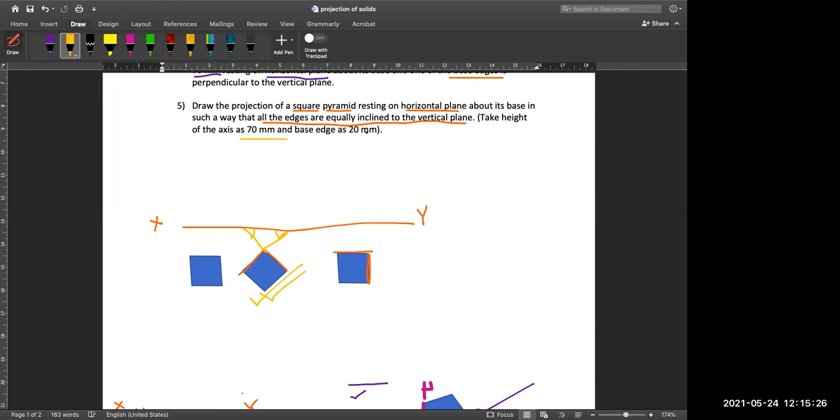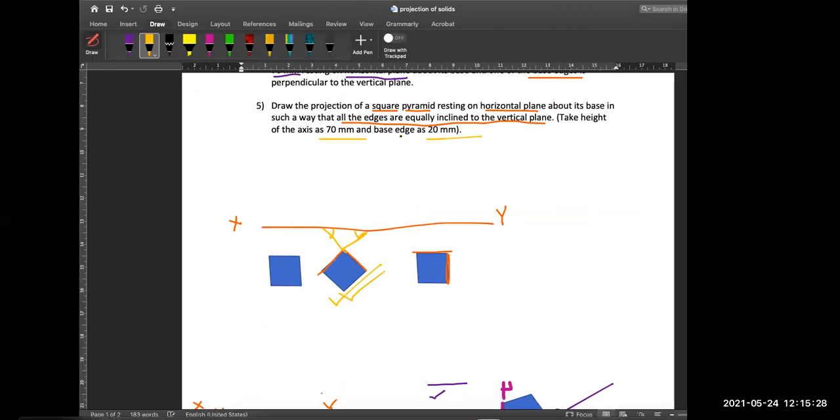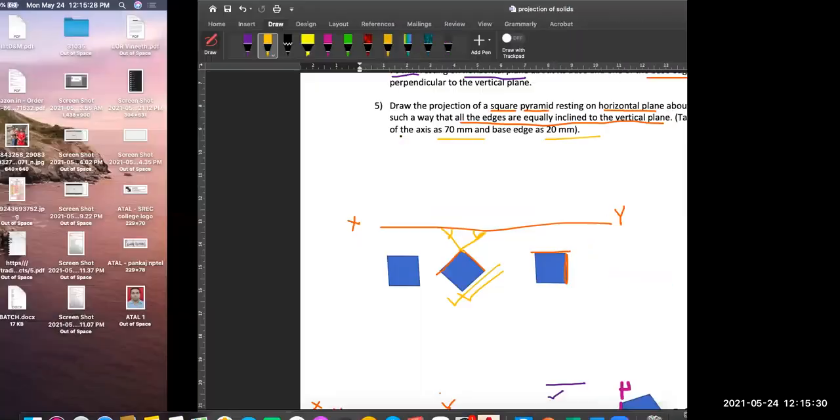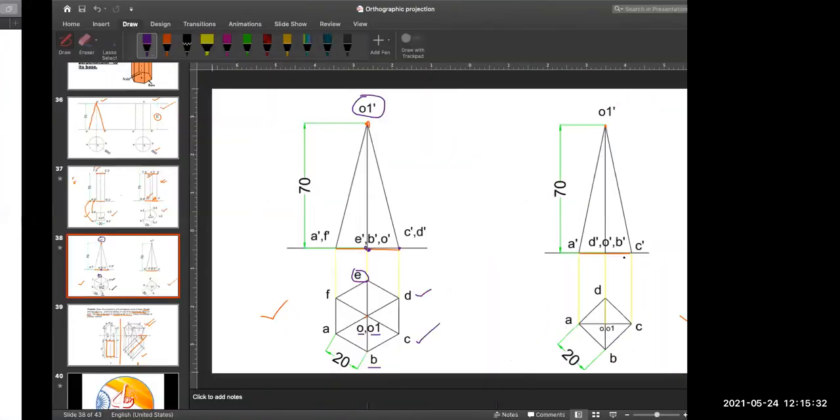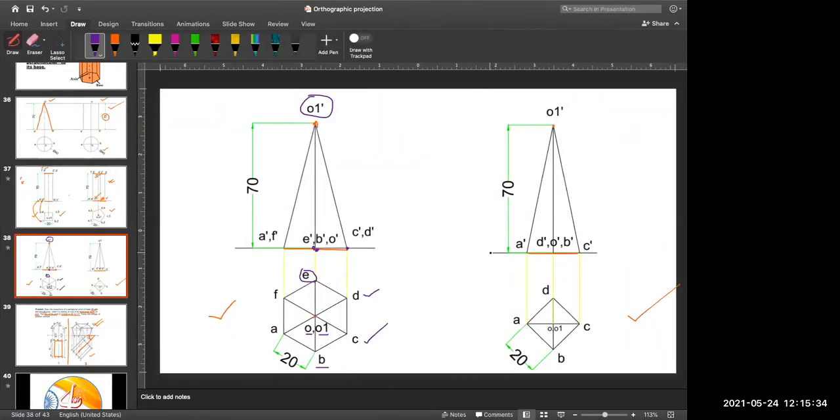Height is 70 and base length is 20 mm. So the drawing will be like this. Below your reference line, this is your XY, you have to draw the square in your top view.